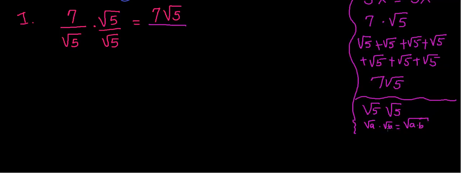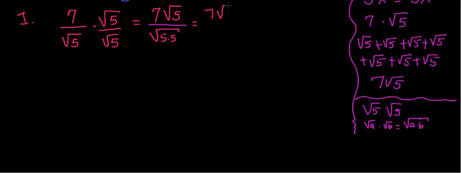So what that product property says is that if I have separate radicals and I'm multiplying them, as long as I have the same index, notice that these both are square roots, I can join them together inside the same radical. So for this example here, I have the square root of 5 and the square root of 5. I can use the product property and write 5 times 5 inside the same radical.